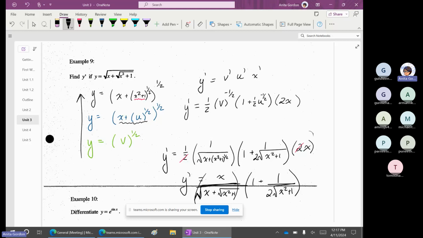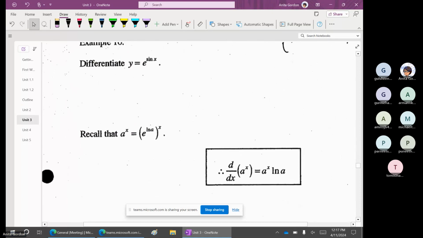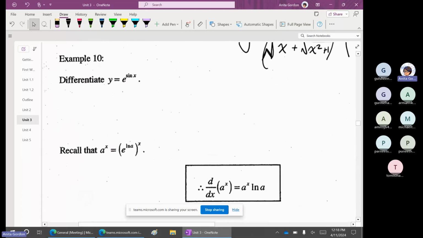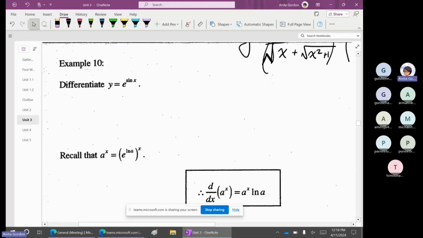Okay, let's take a look at some exponentials. Look at example 10. What's my outside function? What's my inside function?